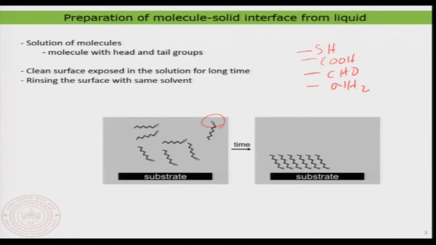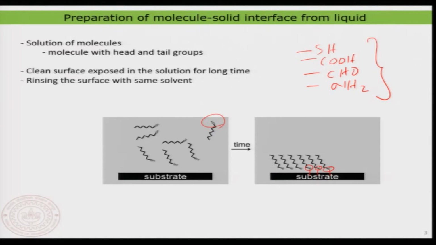A functional group needs to be on the molecule in order to form this kind of layer, as you see here, where a strong chemical interaction is induced between the functional group and the surface, and then the side chain you can choose as you like or as required. One can use this methodology.